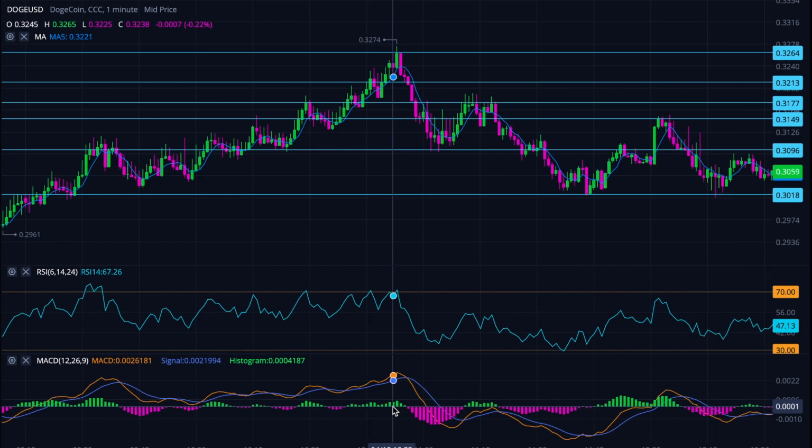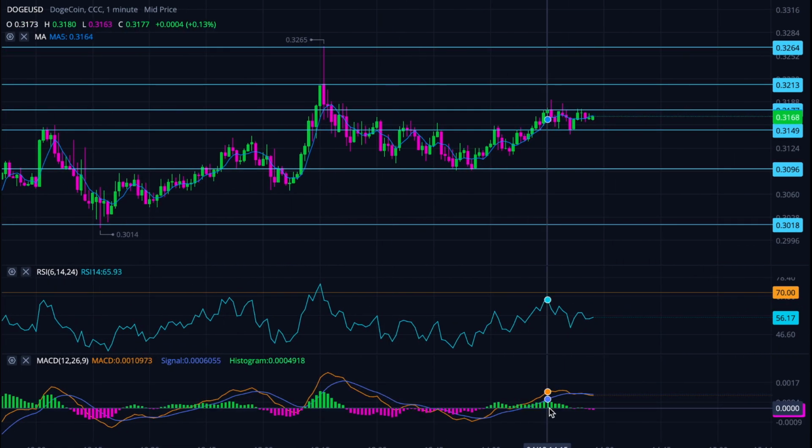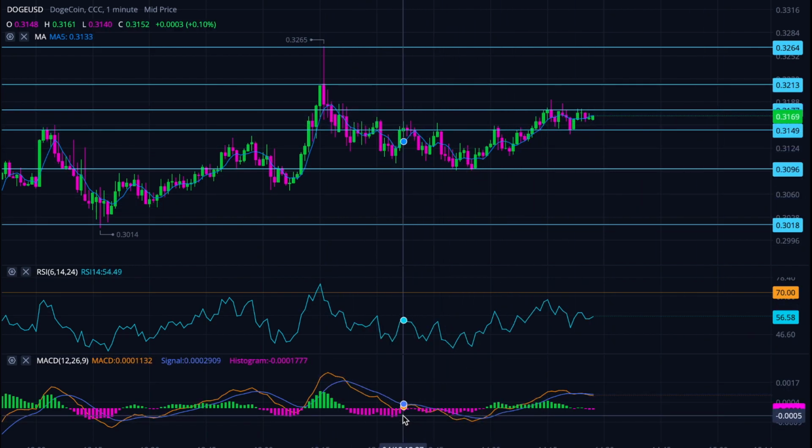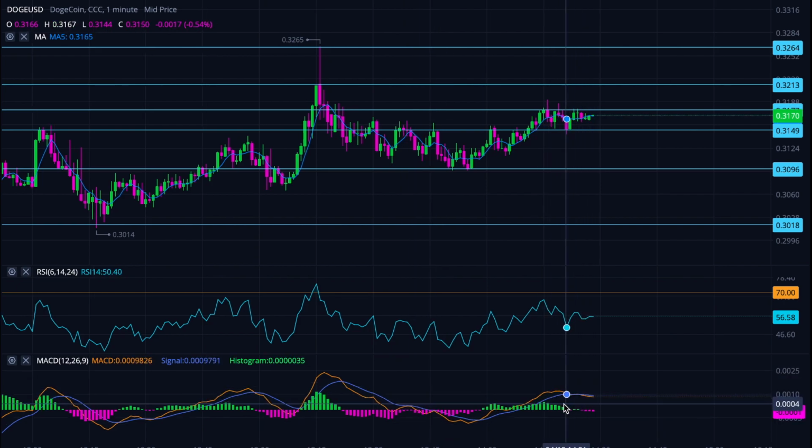And the other thing that has been decent for the MACD is seeing if the bearish momentum is picking up or if it's waning, which right now it's waning, but so is the bullish. But the bullish momentum has a bit more on its side than the bearish momentum.